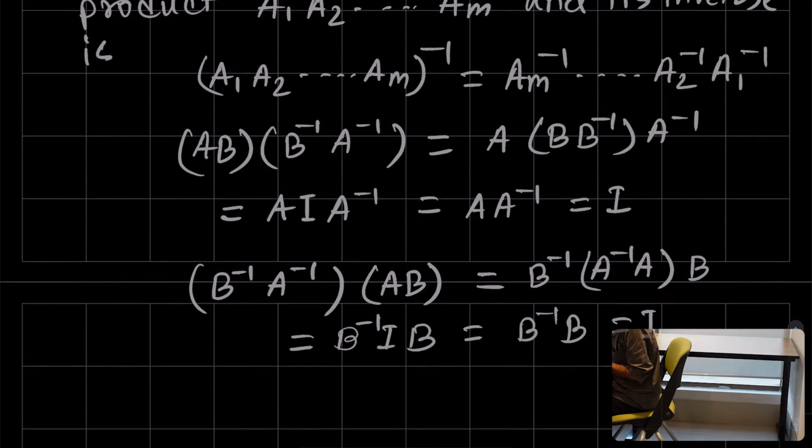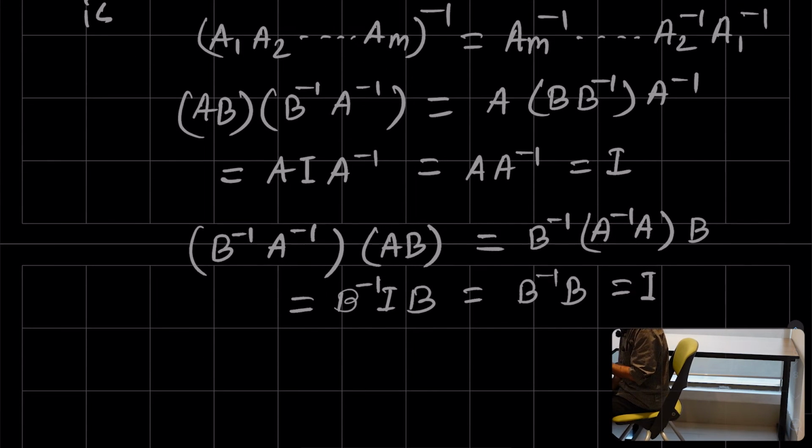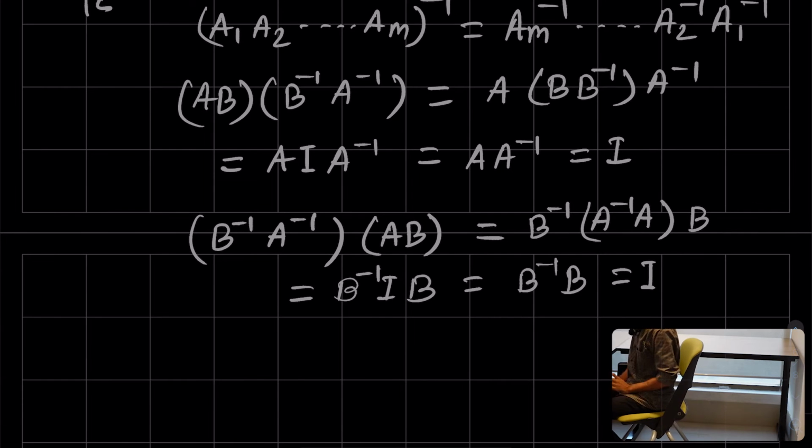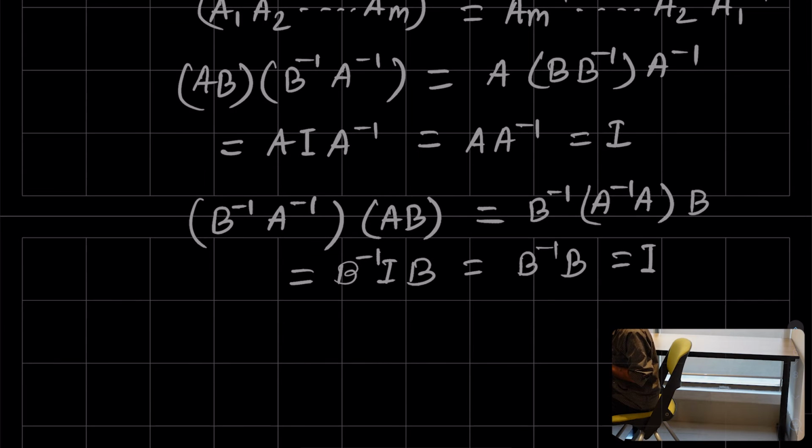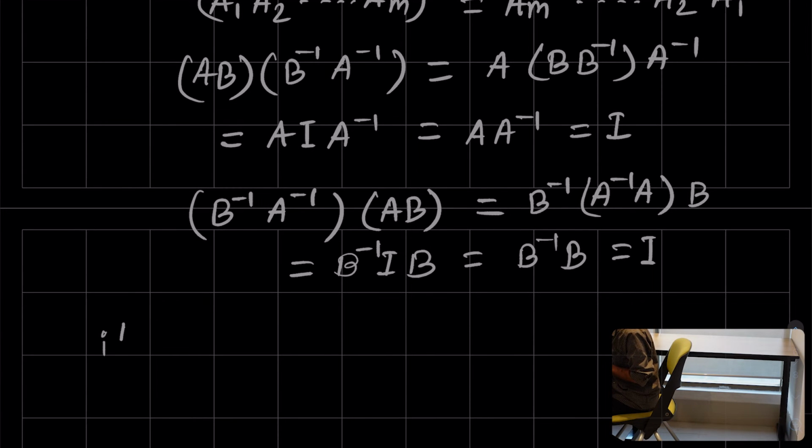For the second part, if I let M equal just 1, then this is just the only one matrix, and so if M equals 1, then the proof is trivial. So A inverse is equal to A inverse, right?